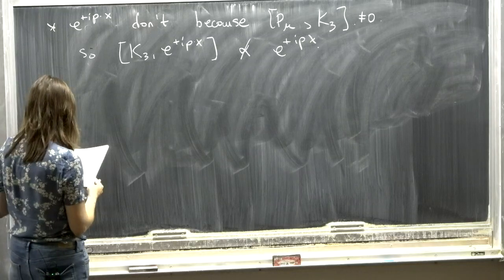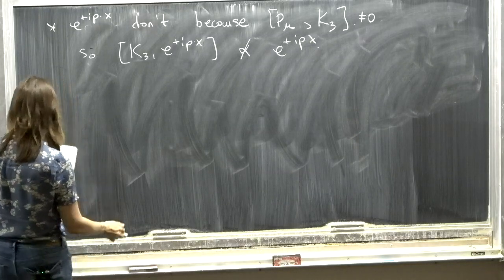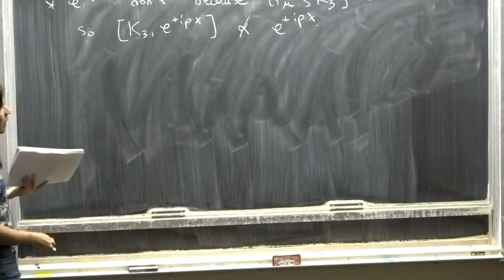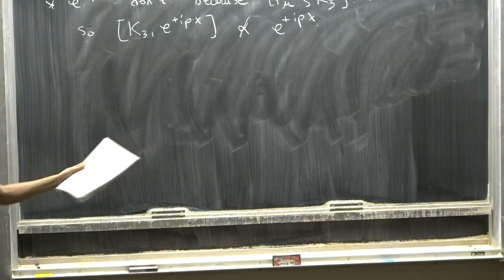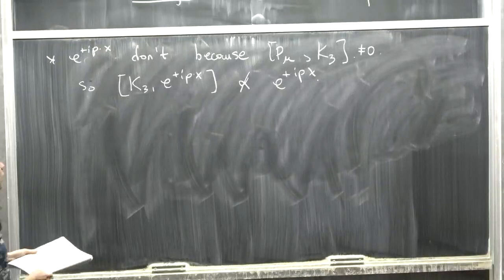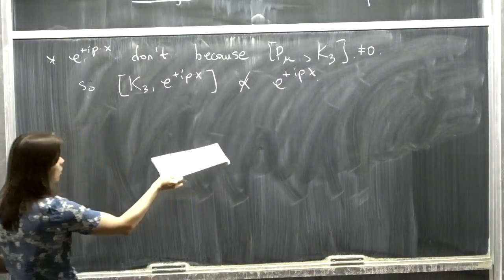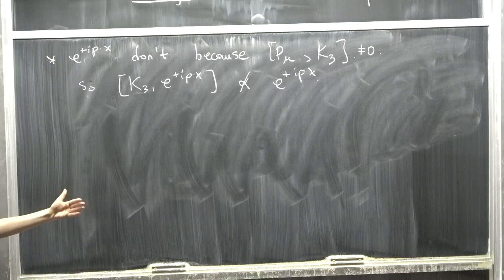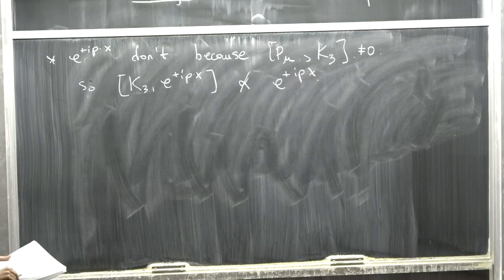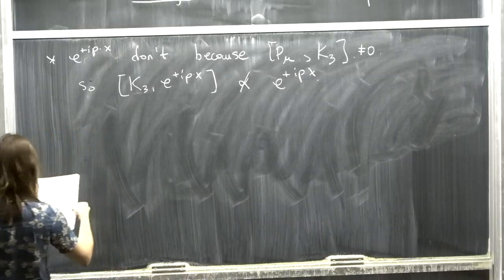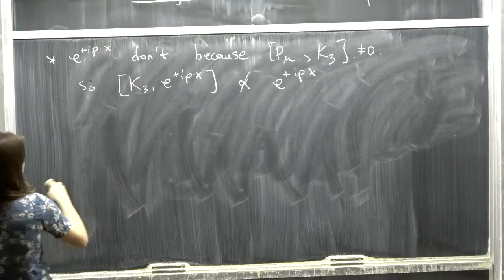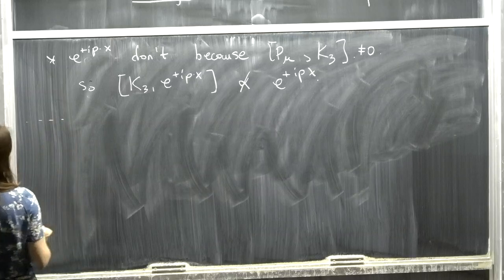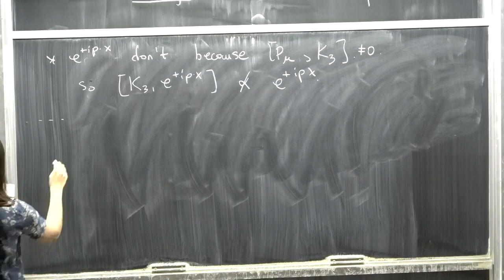But how can we construct such a basis? We still want to solve the equations of motion, so we still want to solve the Klein-Gordon equation. We just want to find particular linear combinations of these plane waves that form a basis. So we should be able to take some linear combination of these that diagonalize these boosts. This is something that people have done in a variety of contexts.